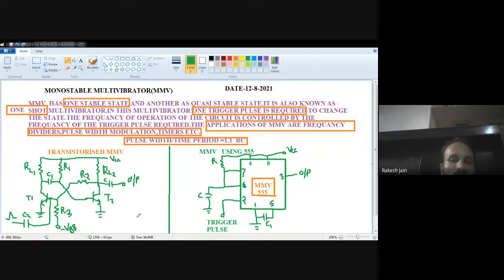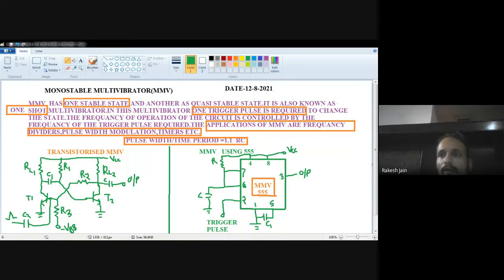So this is the complete diagram of a monostable multivibrator using 555 timer.